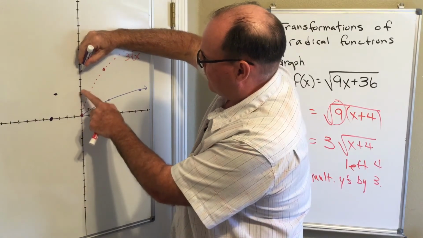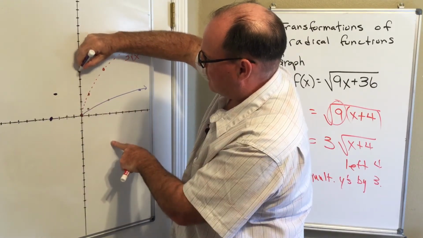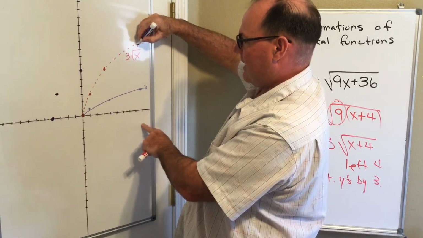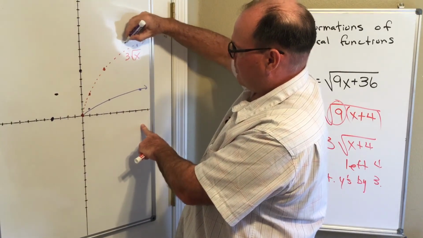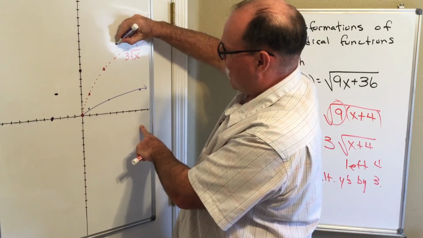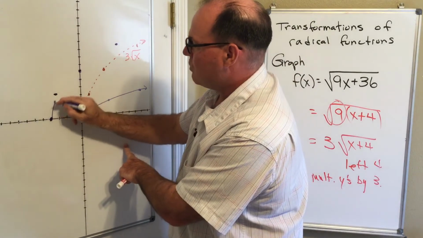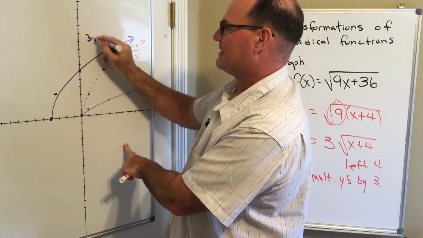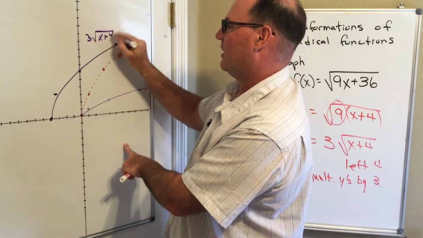I believe 1, 2, 3, 4, 5, 6. Yes, that's the right place. And then this one is at 9, the x value 9. So when I move it back, 1, 2, 3, 4, it's going to go back to about 5. And so here's my graph. And this is 3 times the square root of x plus 4.